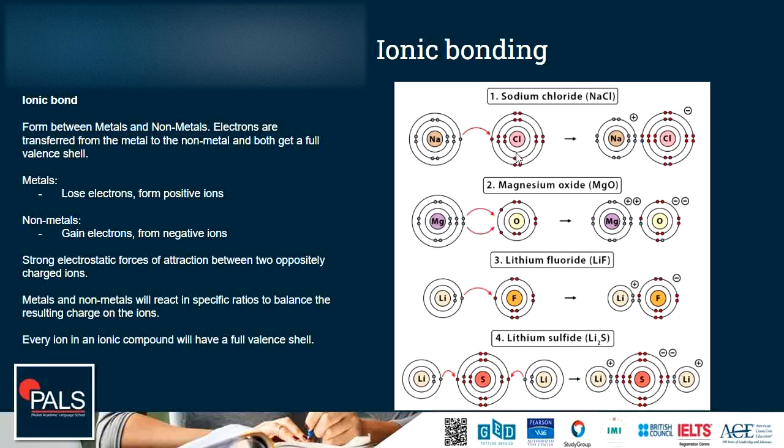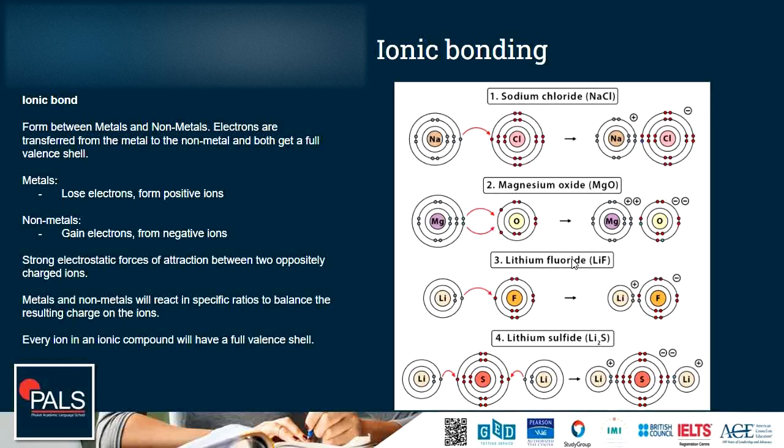Again, in magnesium oxide, we have the atoms reacting in a 1-to-1 ratio, because the 2 electrons that are lost by magnesium can be picked up by 1 oxygen atom. We get a magnesium ion with 2 positive charges, an oxide ion with 2 negative charges, and the formula of the magnesium oxide compound is MgO.